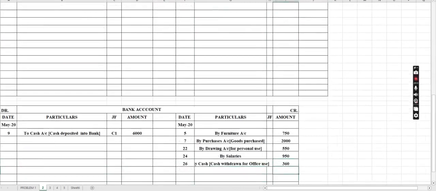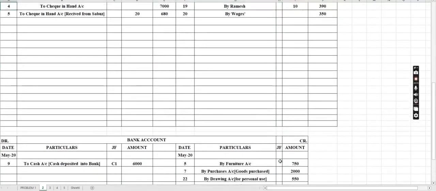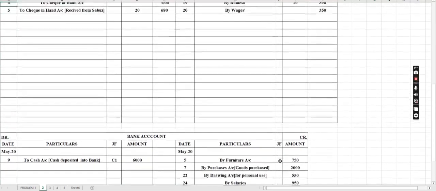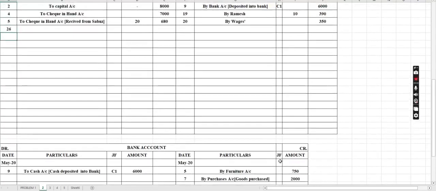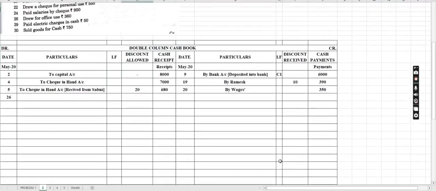The cash which we have withdrawn should have increased in our cash account, right? Cash has come, and we need to record that on the same date, 26th, on the debit side of the cash book. 360 rupees has come.